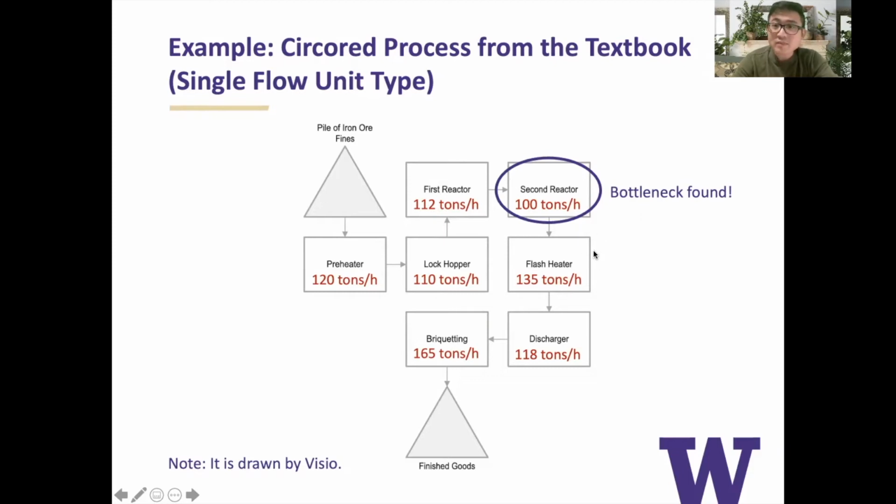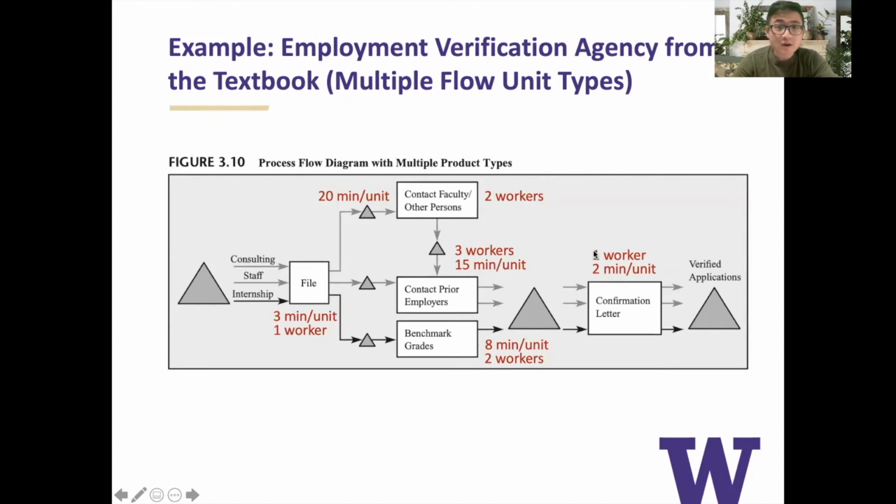And things become more complicated when there are multiple flow unit types. So in this example, which is the Employment Verification Agency's process, let's assume that we are given the information about the number of workers in each step or each resource, and then the number of minutes that each worker needs to complete one application.